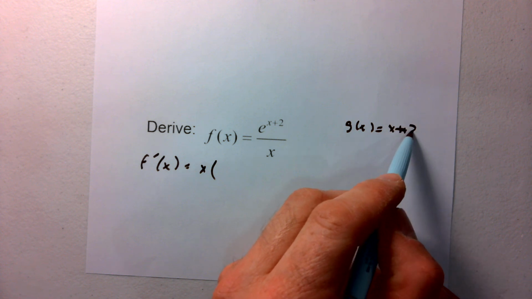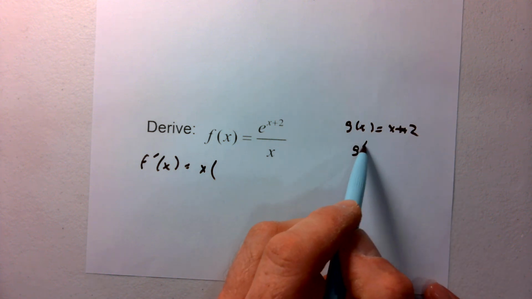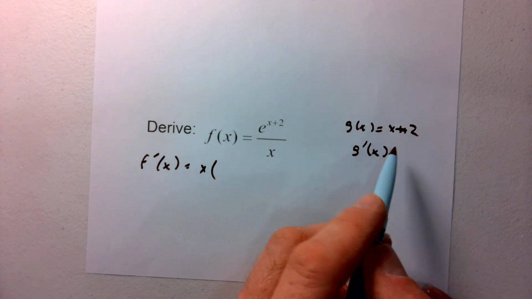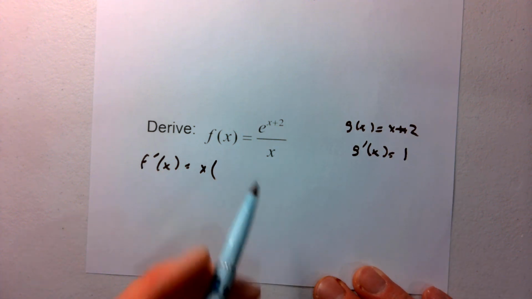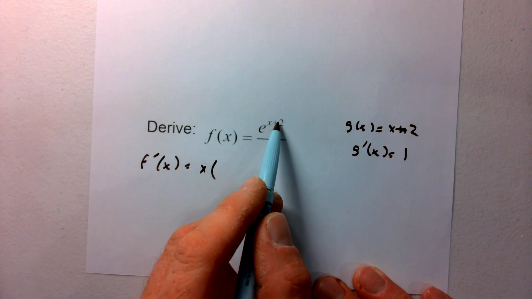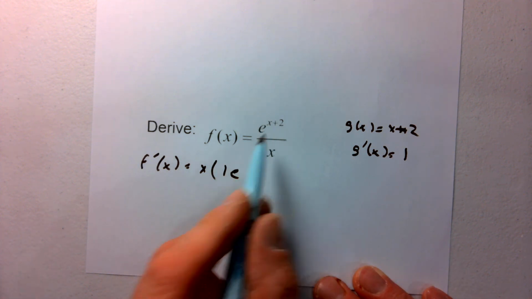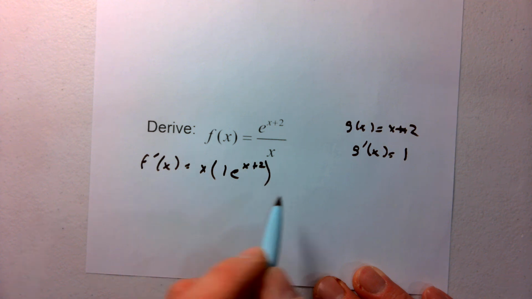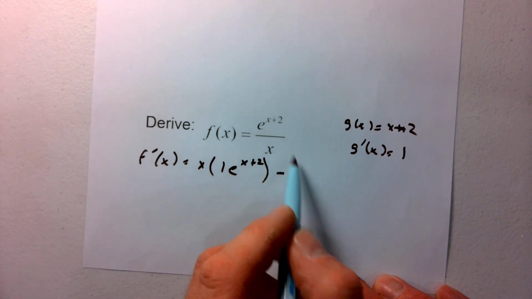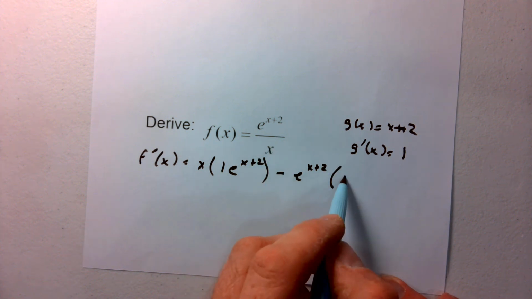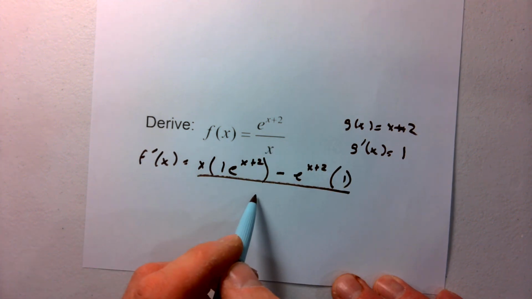So g prime of x is going to equal 1, isn't it? So the derivative of e to the x plus 2, I take the derivative of the exponent, which is 1, e, and that exponent will never change. Minus my numerator, e to the x plus 2, times the derivative of x, which is 1, over the denominator squared, which is x squared.